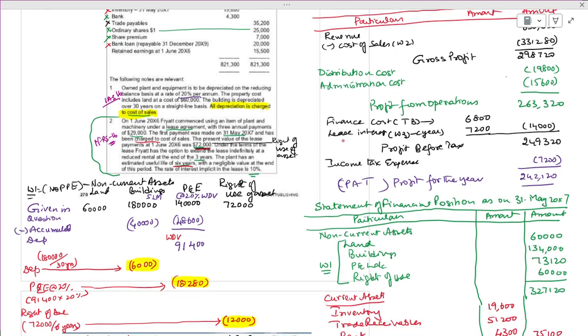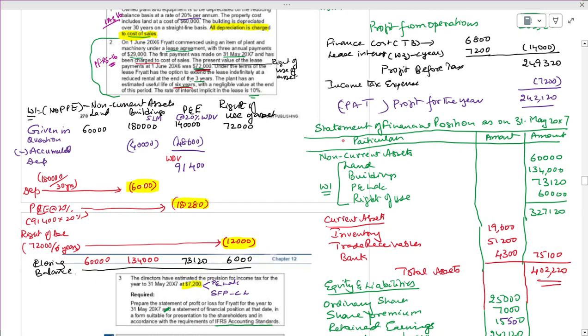Now, first, in working one, what are you doing? We are taking the present value of the lease, 72,000. From that, we have taken the depreciation. We have calculated depreciation as 72,000 divided by how many years? 6 years.